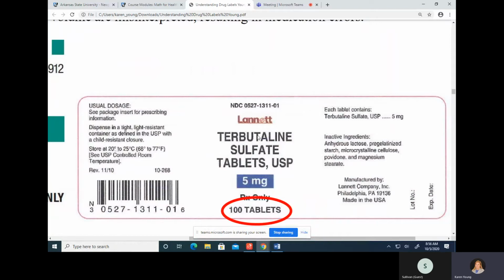It's the route, actually, but form is a good guess. The tablets is the form. So what's my supply dosage? 0.3 milligrams per tablet. How many tablets are in my box? 100.